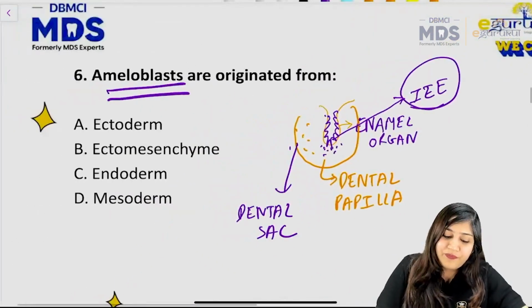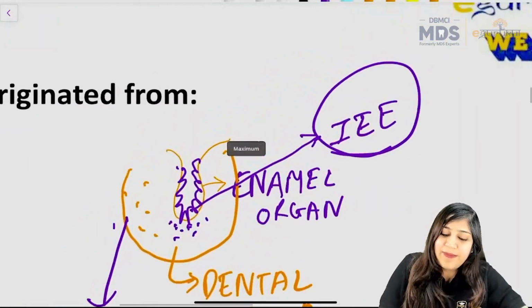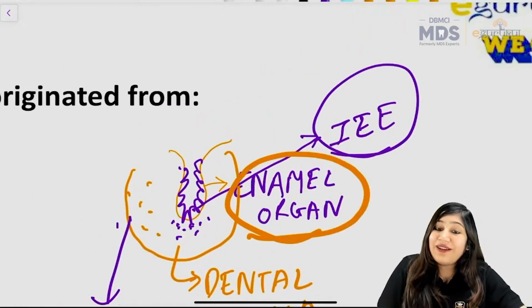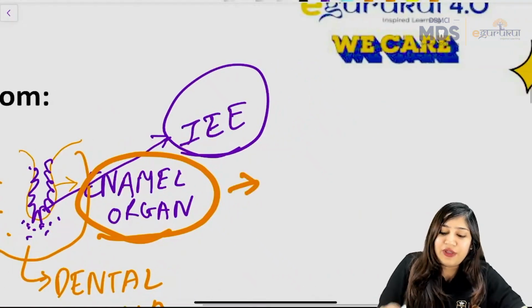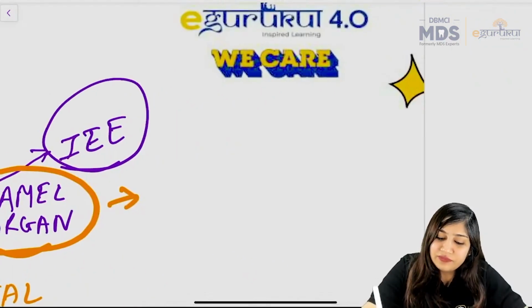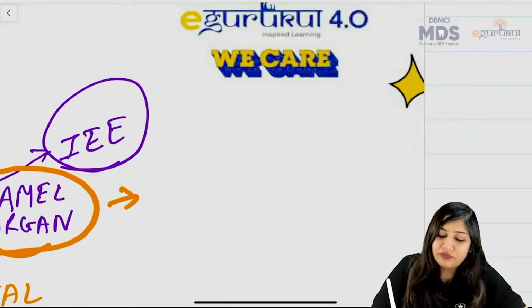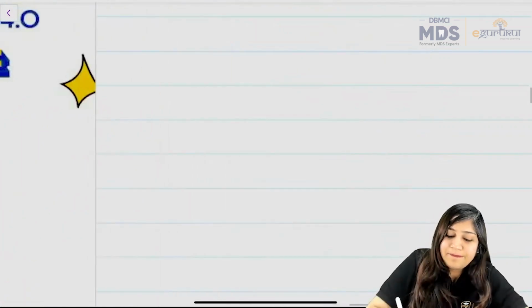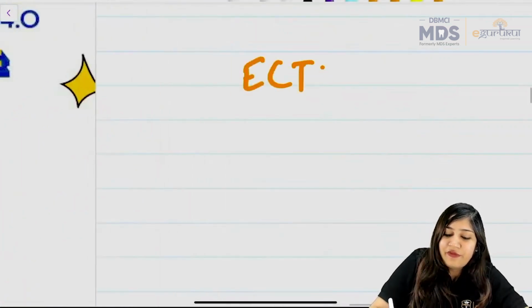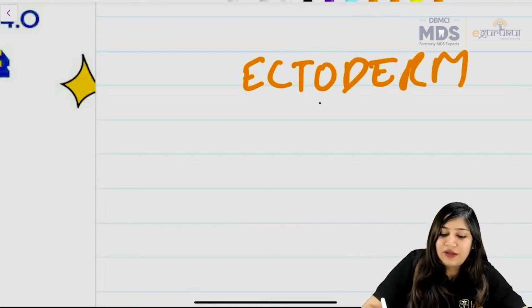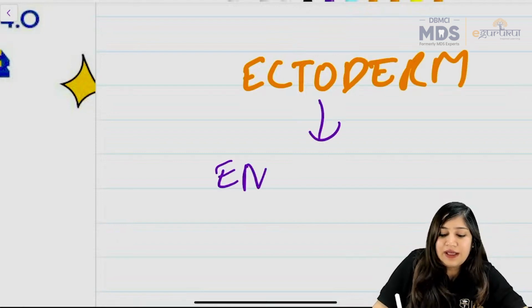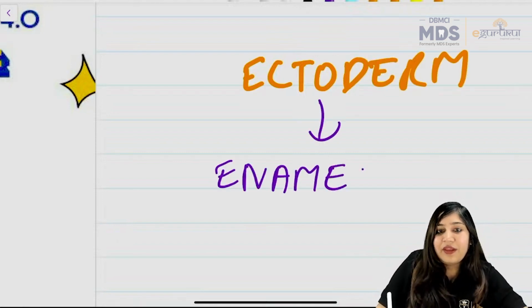So the enamel organ is derived from what? Ectoderm or mesoderm? Ectoderm. So basically from ectoderm we get the enamel organ.